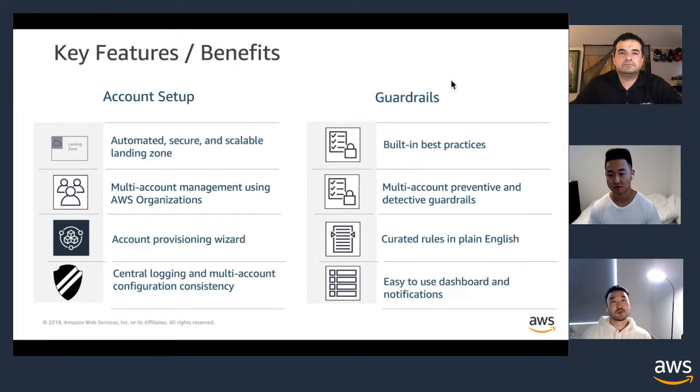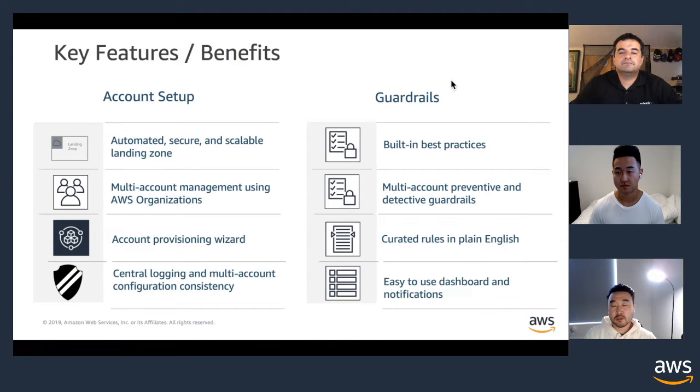Going a little bit more detailed into some of the features and benefits, again, this separates Control Tower into two different sections, for lack of a better word. We have the account setup side, where you can automate launching of these landing zones, where managing your multi-account setup is based on AWS Organizations.